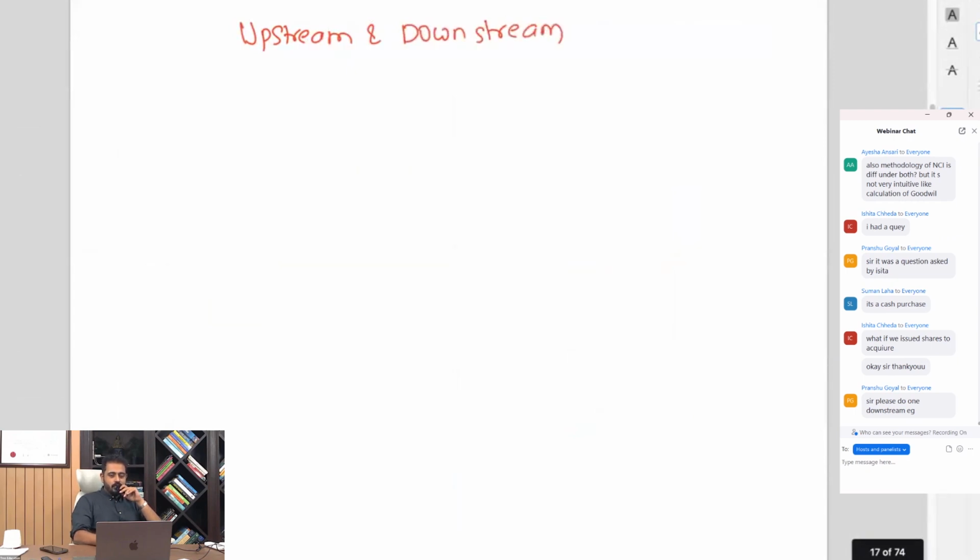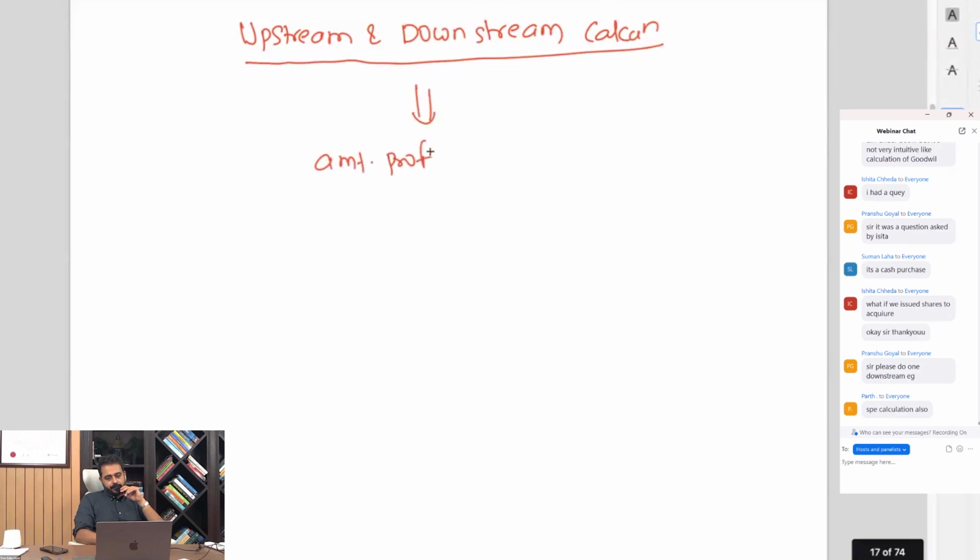Now see, the focus here is you just need to know the amount of profit reversal entries that need to be passed. That's the calculation that you would be tested on, the amount of profit reversal. And a very cool trick on the exam, if you get confused with this, is you want to multiply everything that you see in that paragraph.